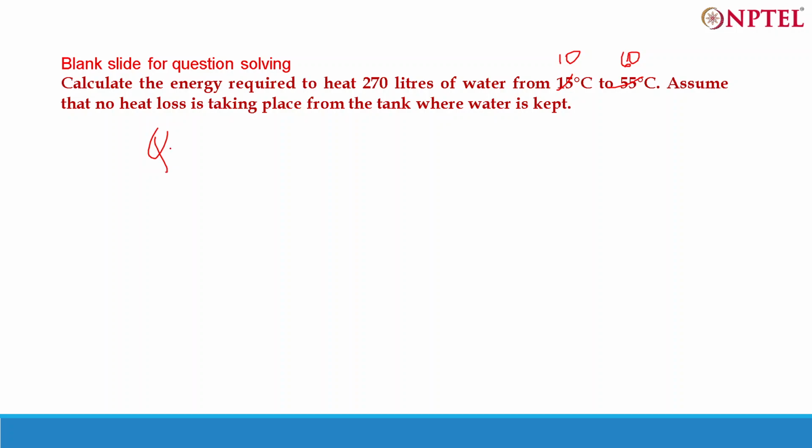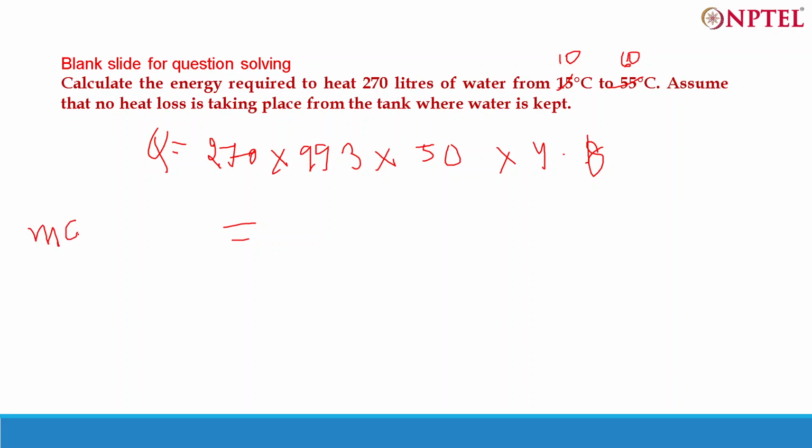So similarly, Q equals 270 times 993 times delta T, which is 60 minus 10 equal to 50, times 4.18. It's simple, mCp delta T, where m is the mass, Cp is the specific heat, and delta T is the temperature difference.